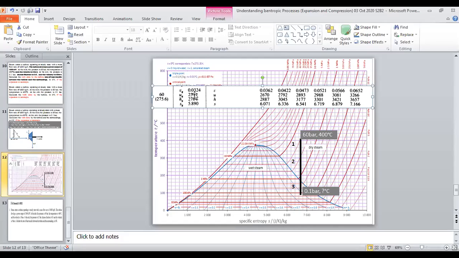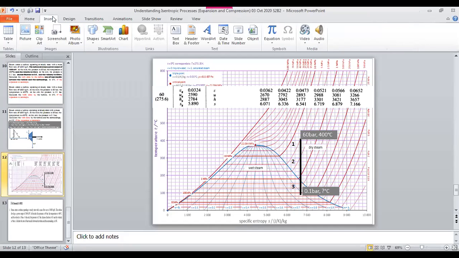Because here the first row is the specific volume of gas, the second row is the internal energy of gas, third is Hg, fourth is Sg. So you have S1 and H1. Fourth: 1, 2, 3, 4. H1, S1 is 6.541. You have two values. 3177 is H1.